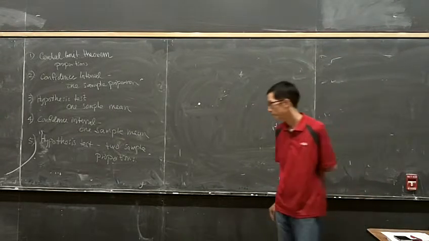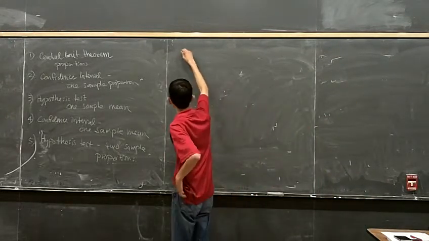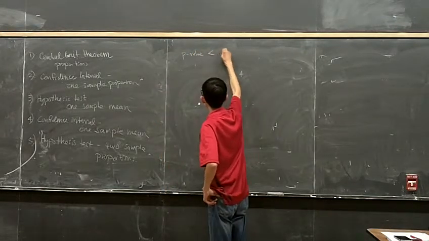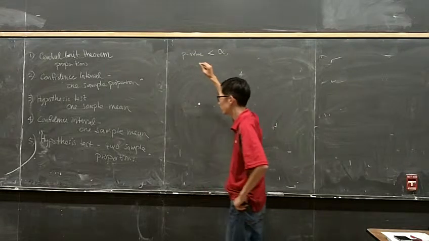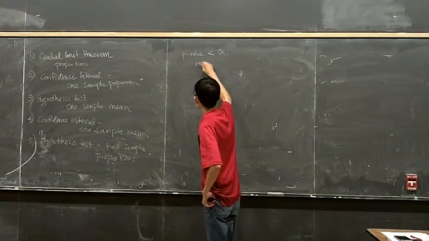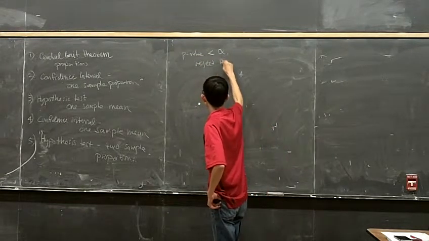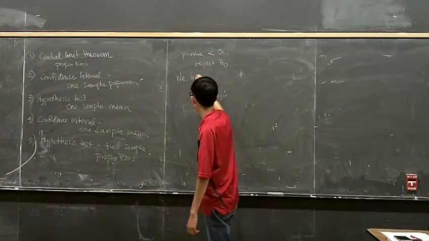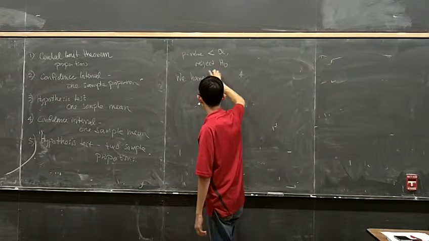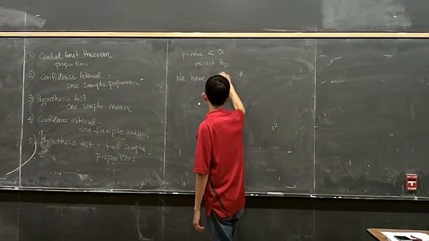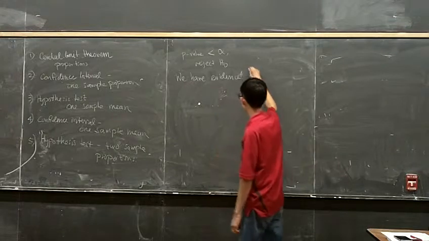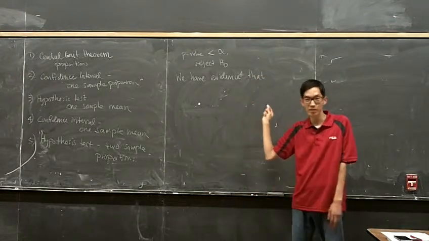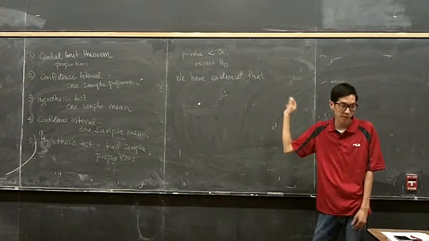Yeah, so whenever you go through the process and find your p-value, if your p-value is less than alpha, you reject the null hypothesis, and you say, we have evidence that whatever the alternative hypothesis says is true.